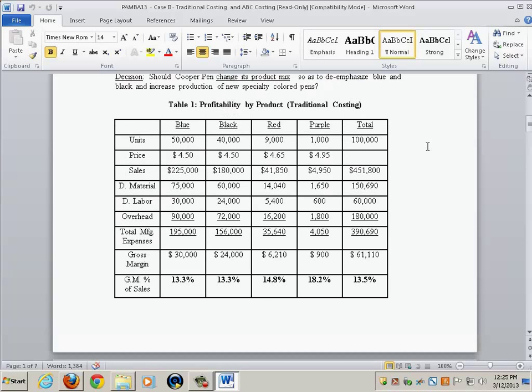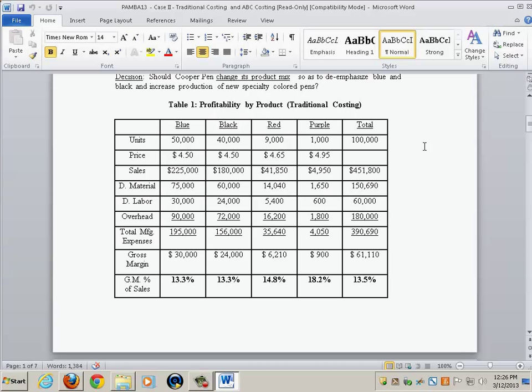Now, in Table 1, you have a profitability analysis based on traditional costing. By traditional costing, we mean a traditional approach to allocating overhead. And remember, overhead and indirect costs and support costs are all the same.